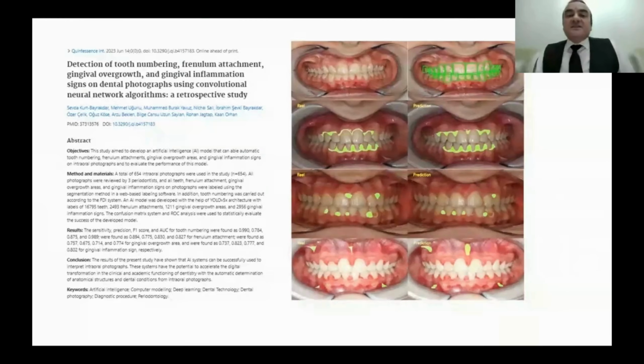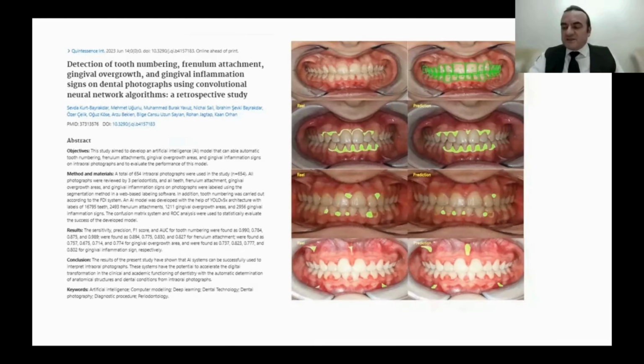images. It's not just radiography; we are also using intraoral photos for the detection of tooth numbering and frenulum attachment. For this paper, we extracted from the intraoral photos to segment the tooth numbering automatically, and we can also identify gingival inflammation and gingival overgrowth.